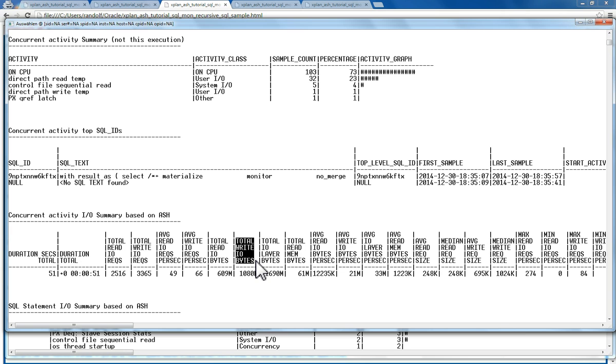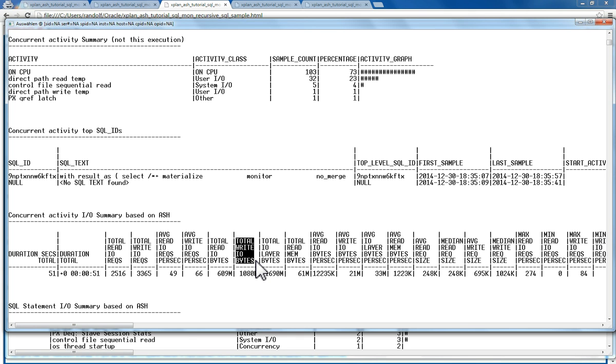And if you deal with compression, then again you can have a different I/O layer bytes pattern, because the decompression typically happens on the cell level.